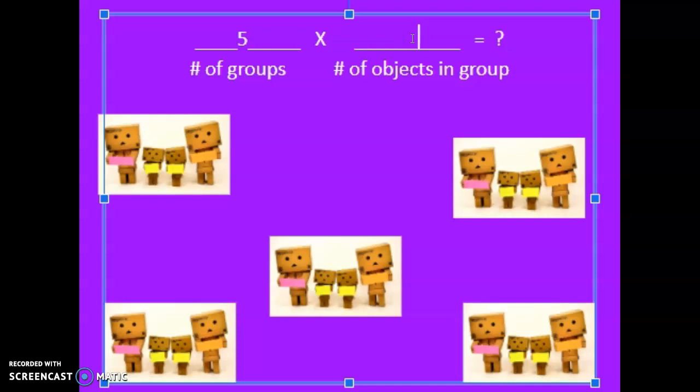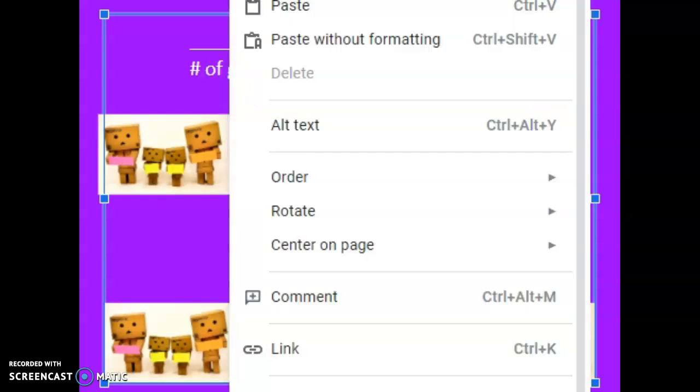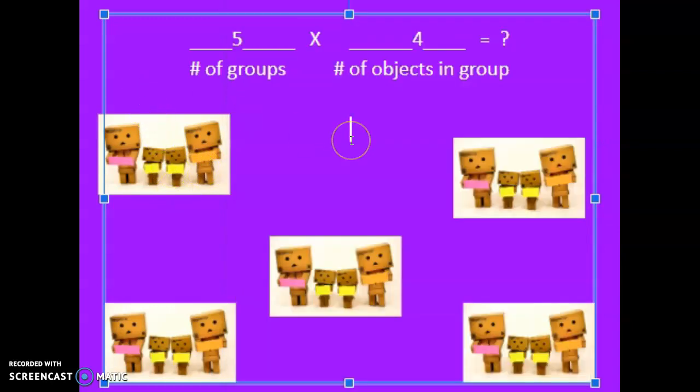Now, I also want to clarify, when we're thinking about writing these as repeated addition sentences, this is telling me how many times I'm going to see this number added. So I know that I'm going to see 4, 5 times in my addition sentence.